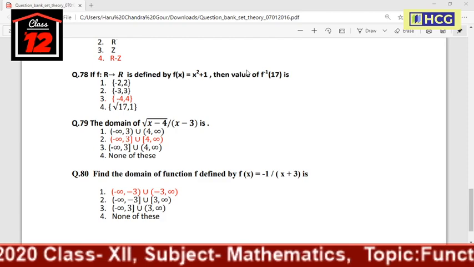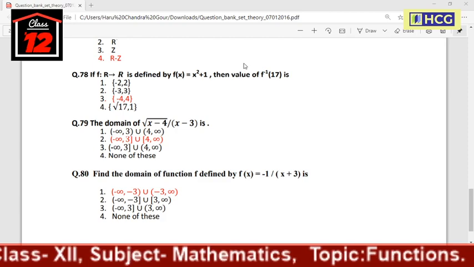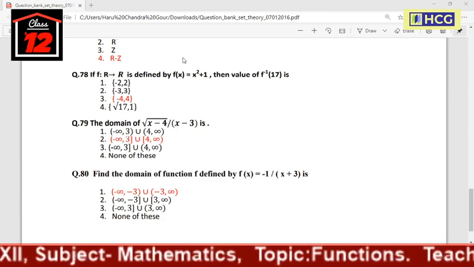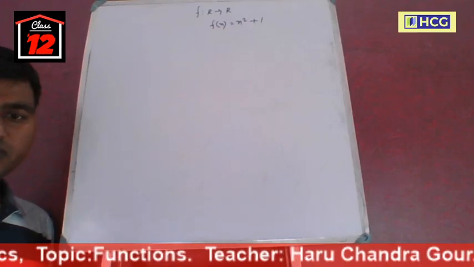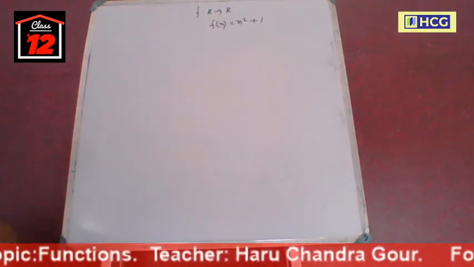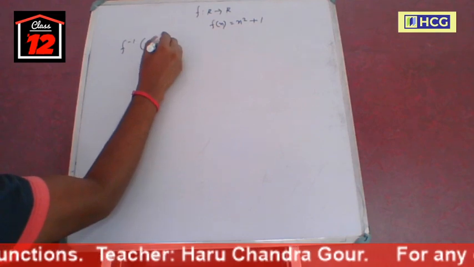What is the pre-image of 17 under f? What is the pre-image of the element 17 in the codomain set under f? Here f is a function from R to R and f(x) is equal to x square plus 1. Now find f inverse of 17.